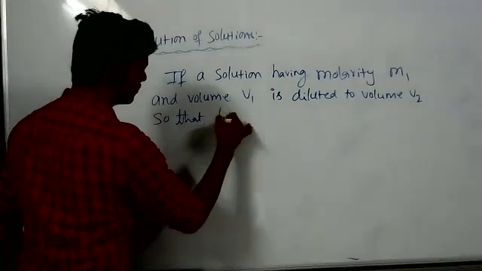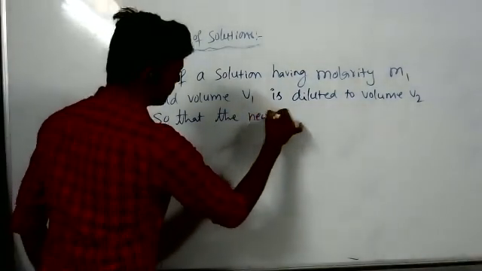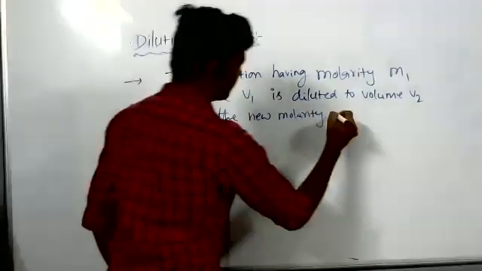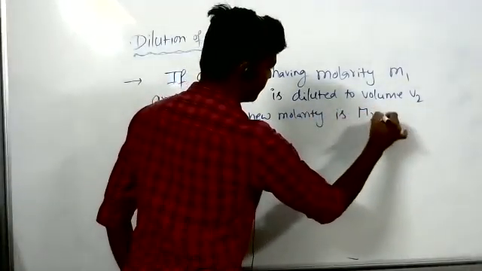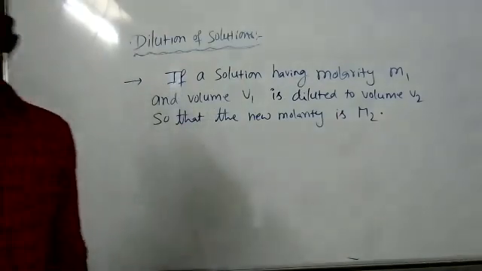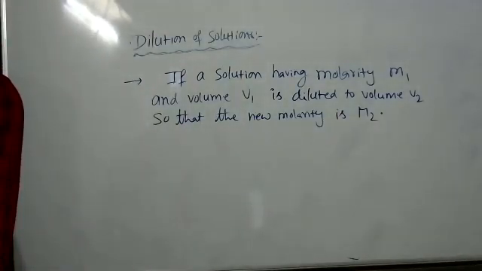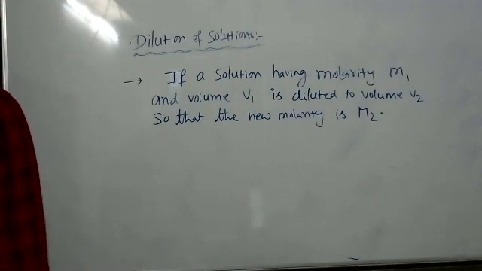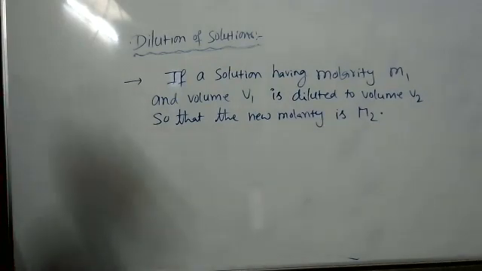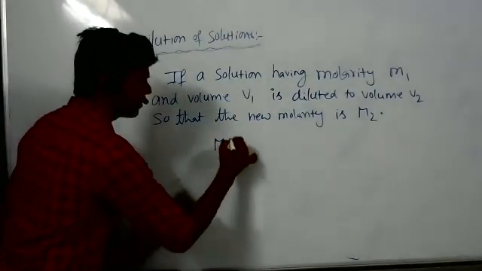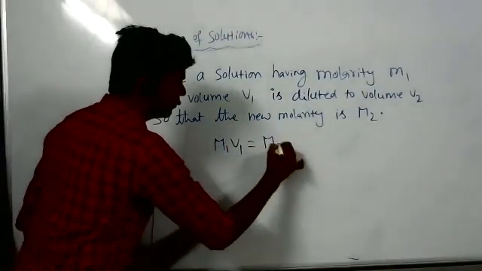So now the relation is M1 V1 is equal to M2 V2.